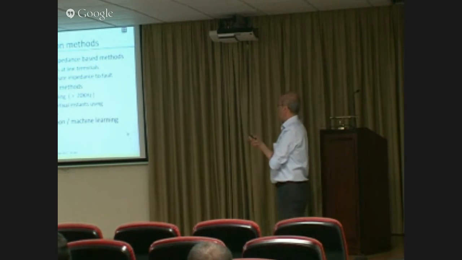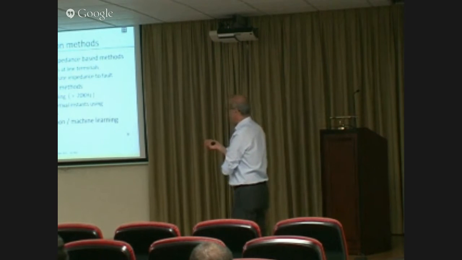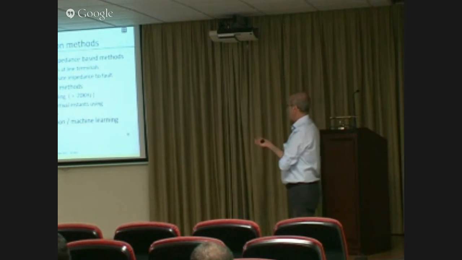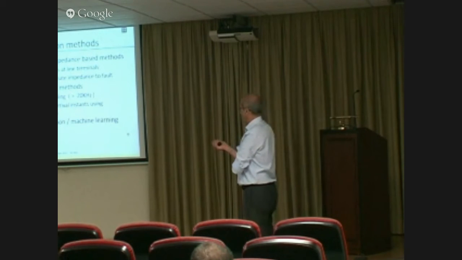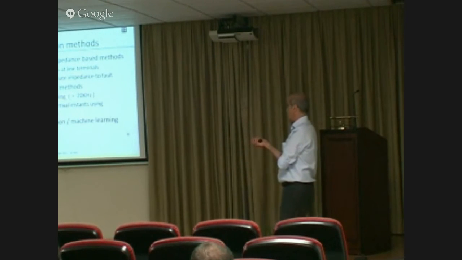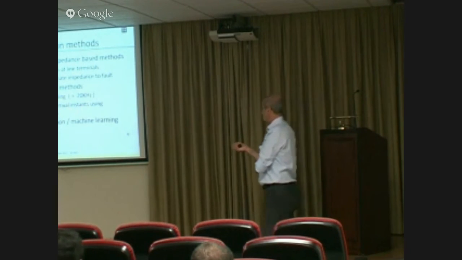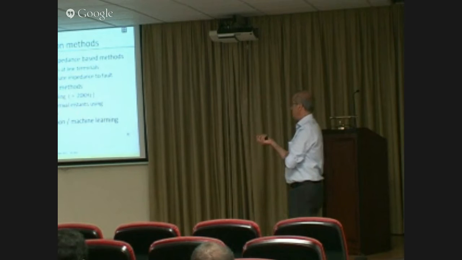So they basically filter out high frequency and then they estimate the impedance to fault. The others are using high frequency or traveling waves, and they either capture the wavefronts or they use high frequency sampling to do other correlation studies.